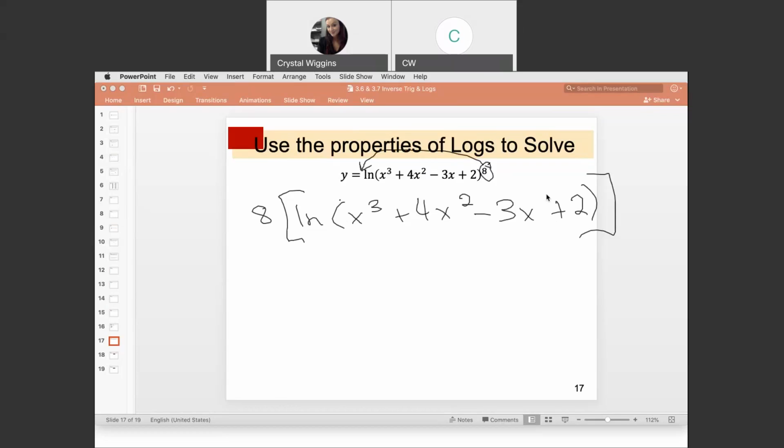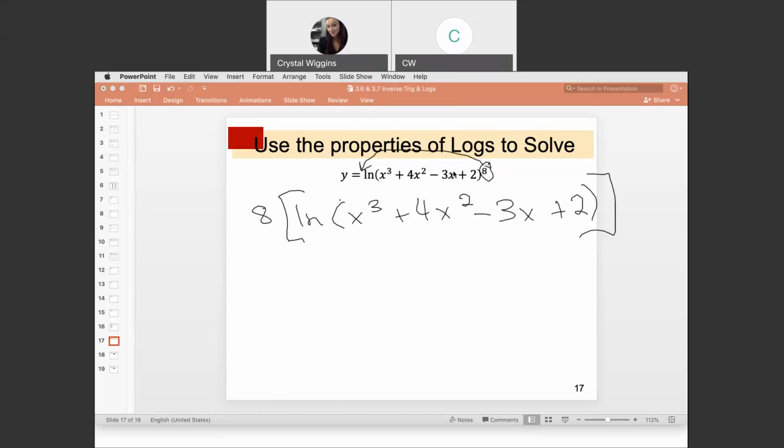Now, we do not have any rules that say that if we have an addition or subtraction inside of the log, there's nothing we can do. We can't separate that out. So we've done this part.